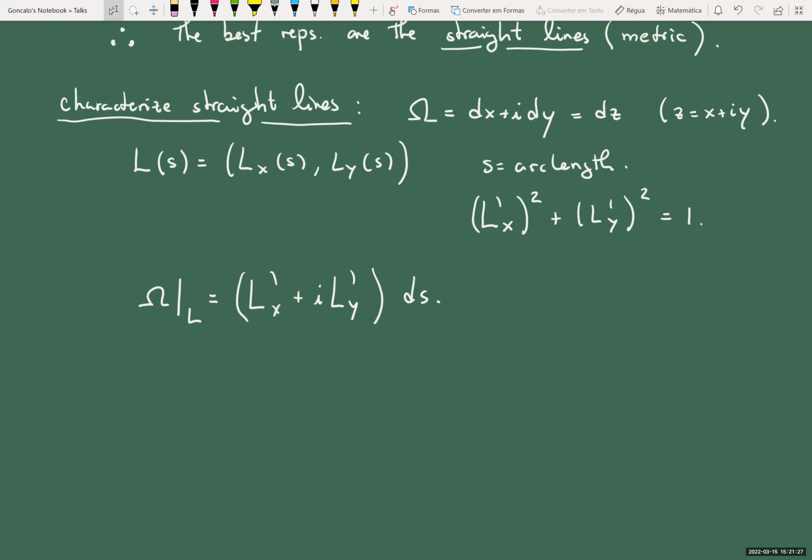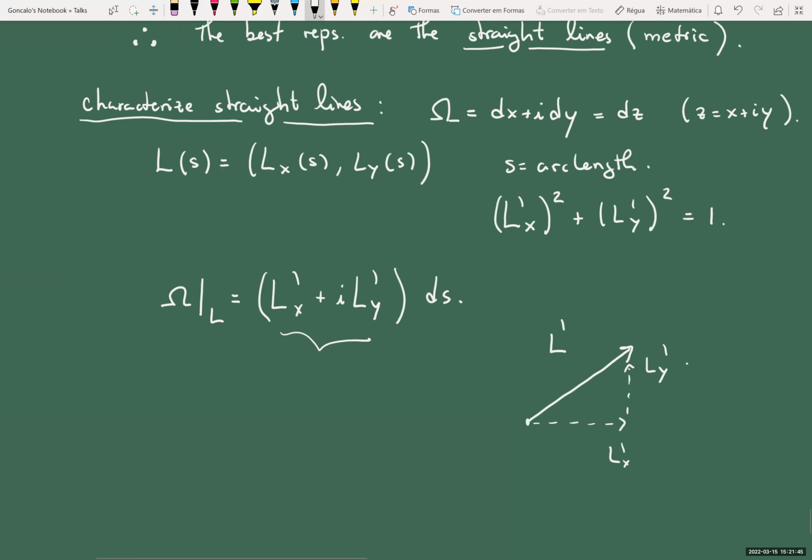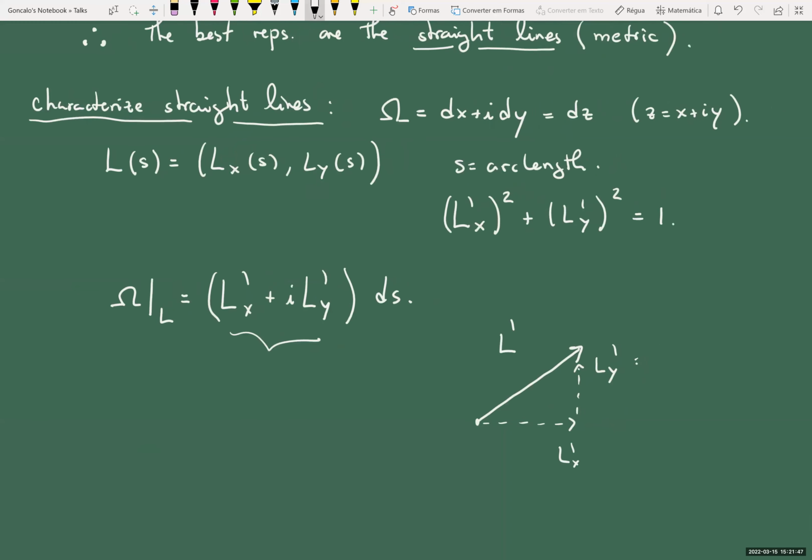If you look at what this is, you can draw L prime, and you have here Lx prime, you have here Ly prime, and because it has unit norm, L prime has unit norm.